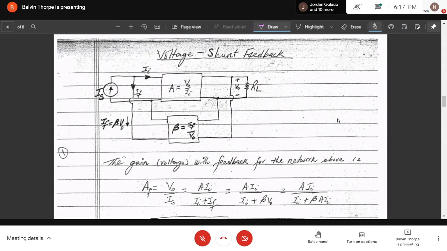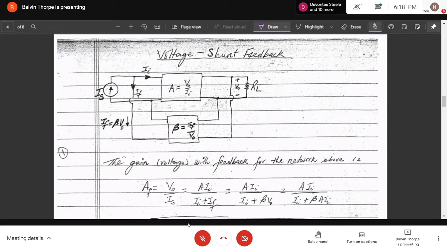Are you seeing clearly the difference between voltage series and voltage shunt now? I am, sir, because it's fairly straightforward. Voltage series is for sending the voltage back, while voltage shunt is in parallel, sending the current back. Absolutely. So voltage means what at the output? What are you taking at the output to be the input to the feedback network?